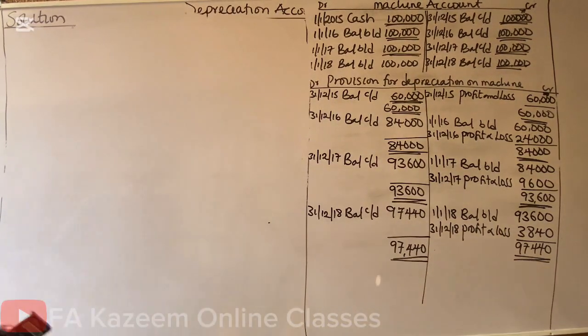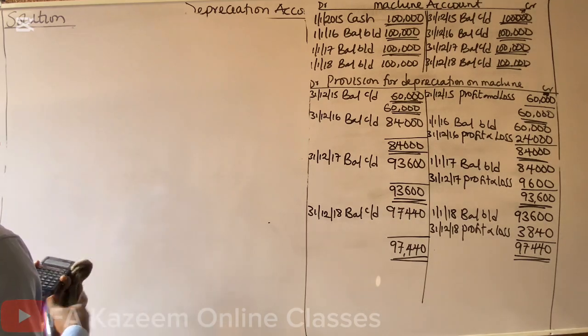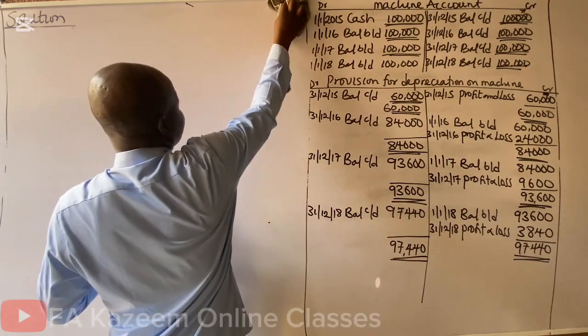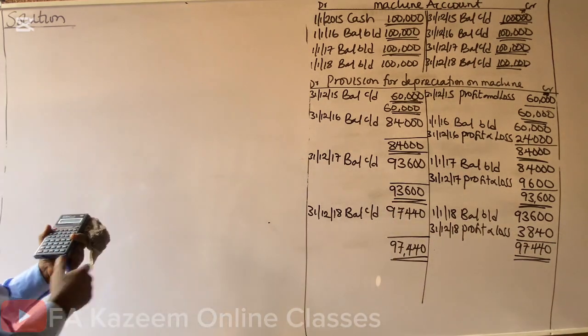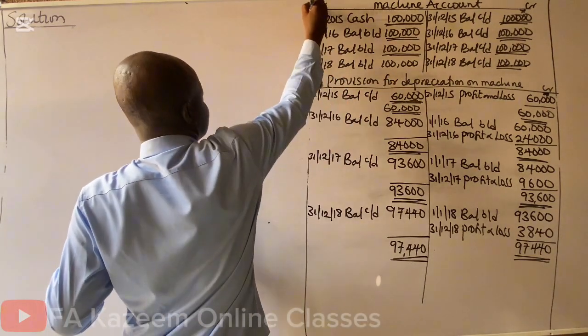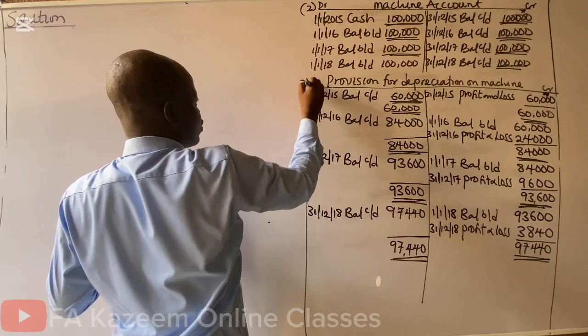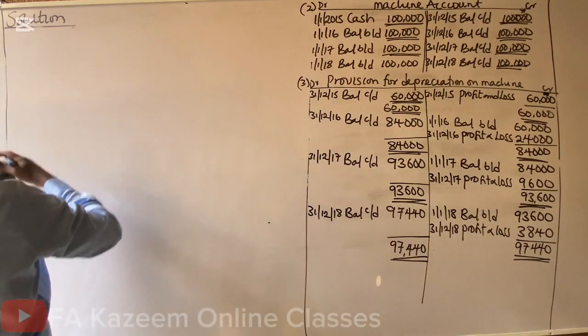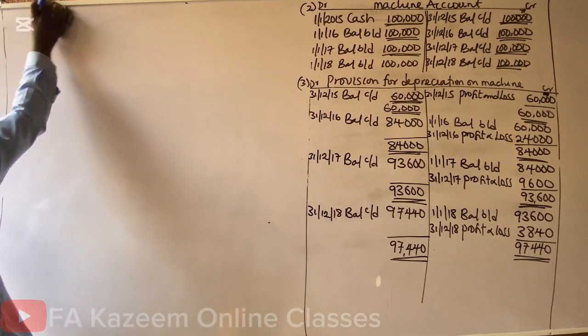Now, preparing the profit and loss account, we are going to prepare that from our provision for depreciation. This is requirement 2, requirement 3. Now, I want to look at requirement 4.